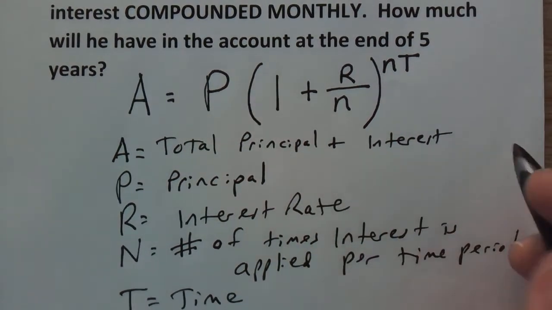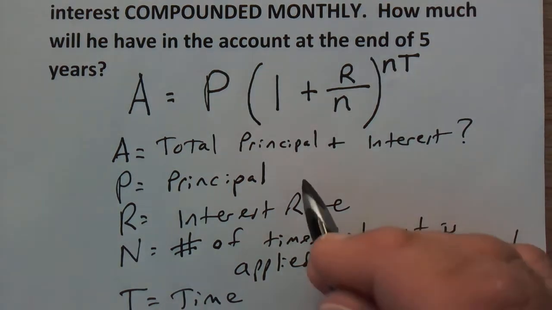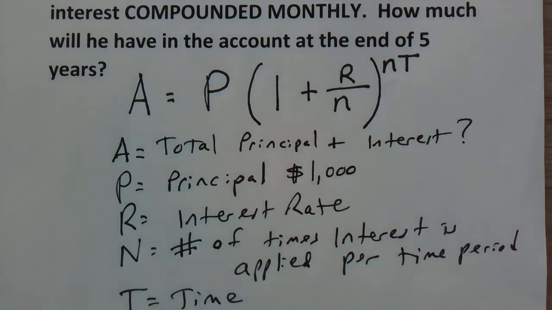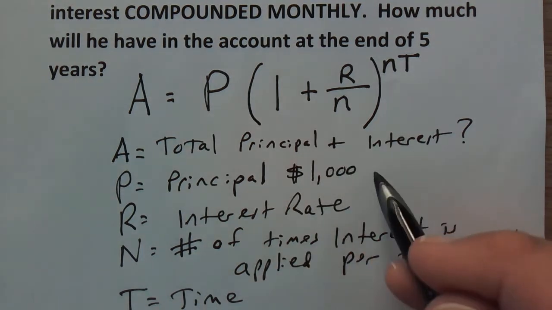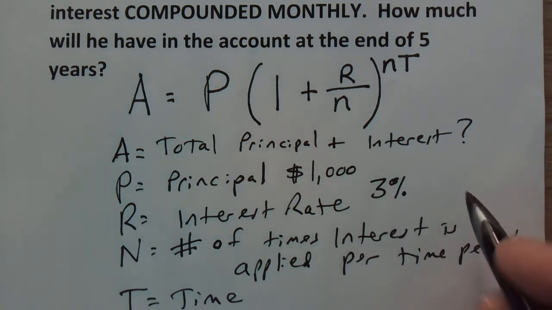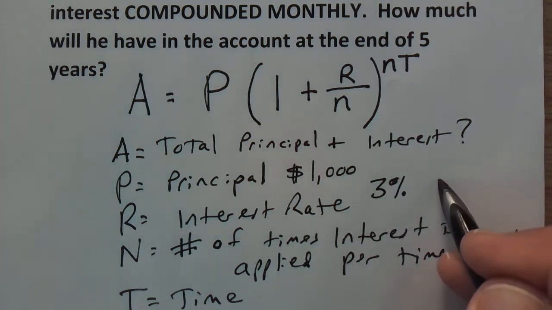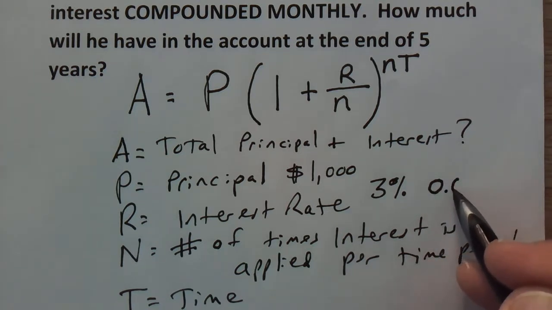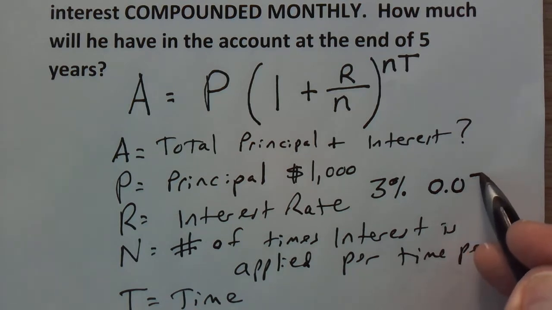The A, that's what we're trying to calculate, the amount of principal and interest. The principal in this case is $1,000. The interest rate is 3%, but we're going to write it as a decimal, and I do have a video on how to convert decimals to percentages and percentages to decimals.